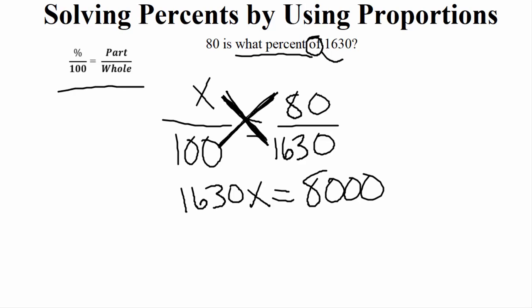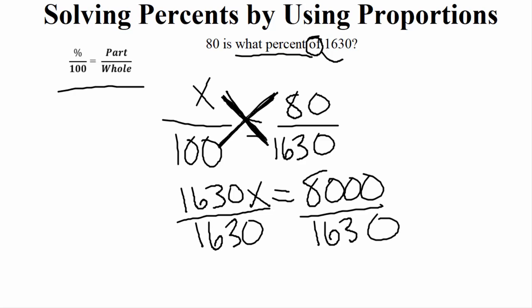In order to solve this equation, again, remember this is a one-step solving equation problem, so we are going to divide both sides by 1,630 to get that x is equal to 4.9, 0.01 is what I get when I plug this into the calculator.